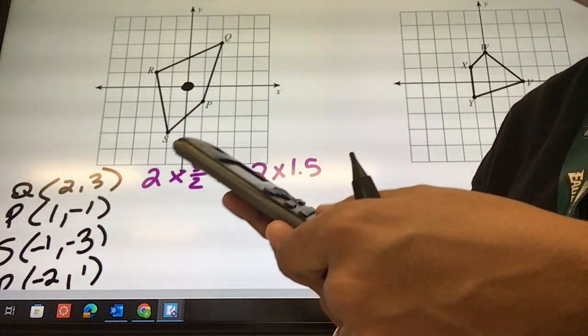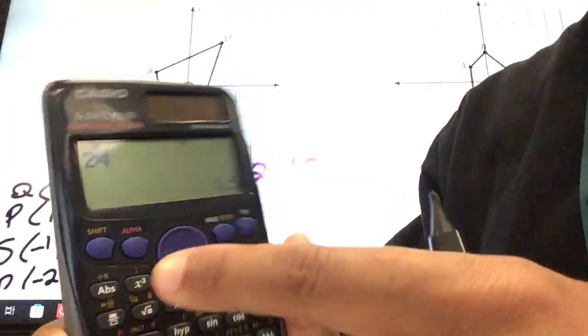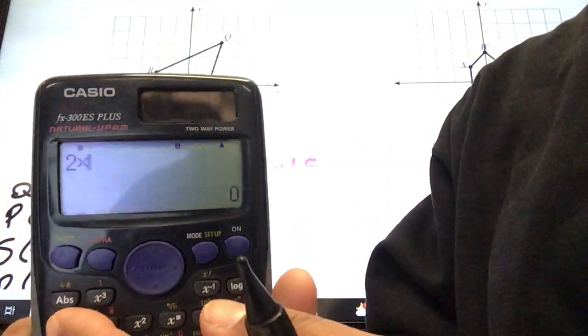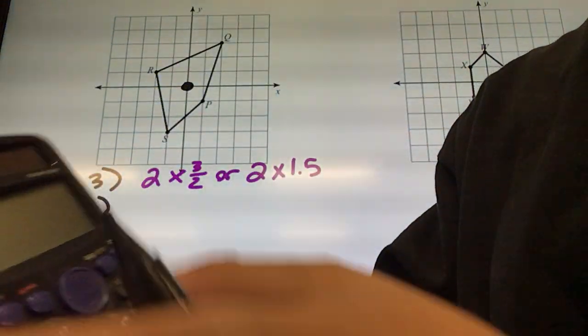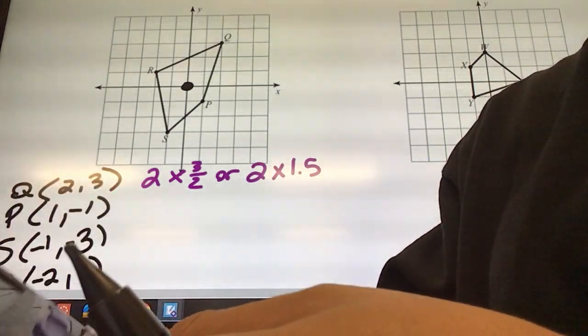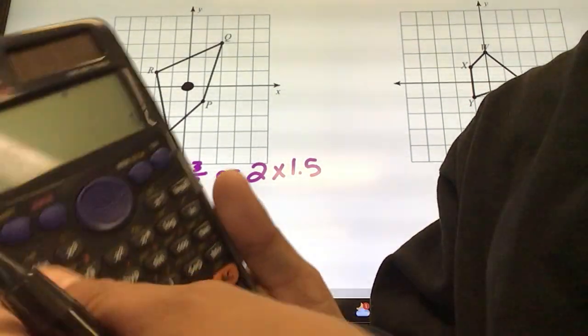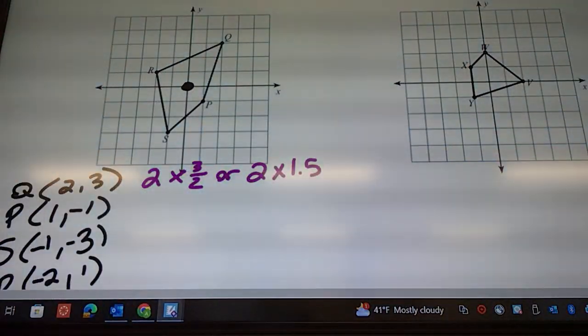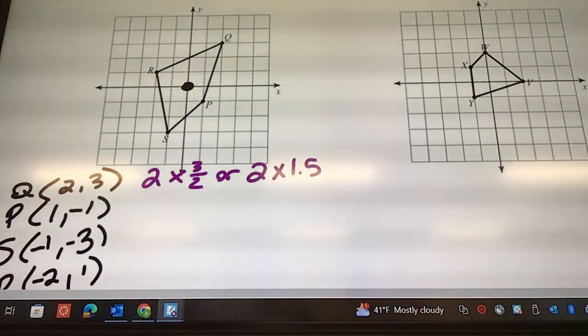If you are going to do the fraction, you have to say 2 times, and you hit your fraction button, and then type in the 3 over 2 and kind of intersect.